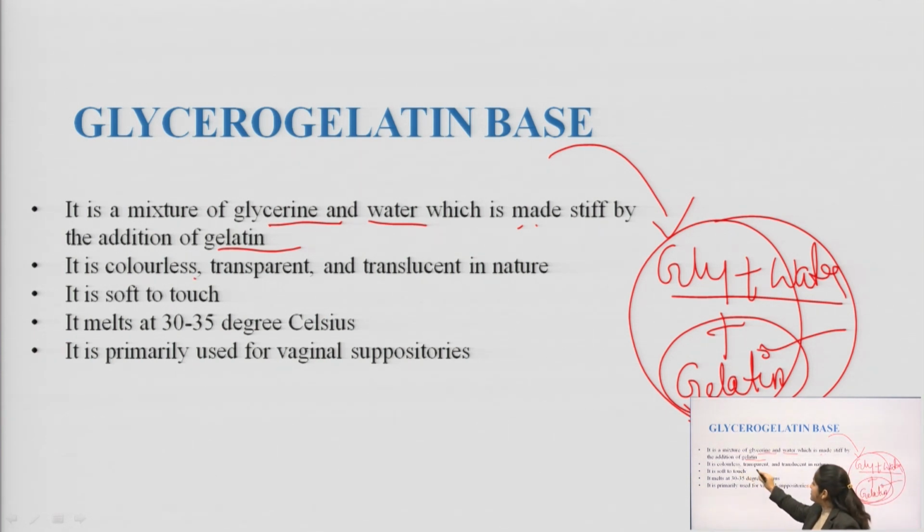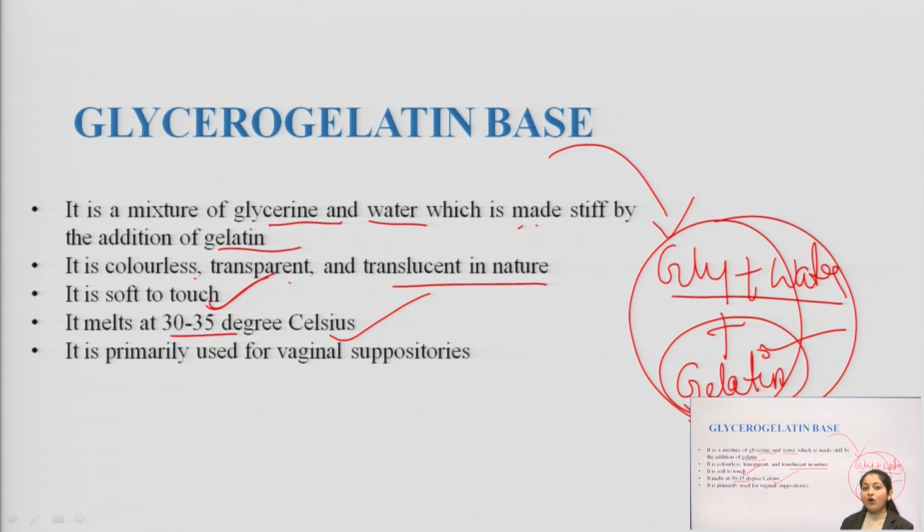It is colorless, transparent, and translucent in nature. Then it is very soft to touch. So, it has a soft agreeable taste, and a pleasant, soft touch. Then it also has a melting point of 30 to 35 degrees Celsius, which is also a prime acceptability to us, because human body temperature is 37.5 degrees Celsius.